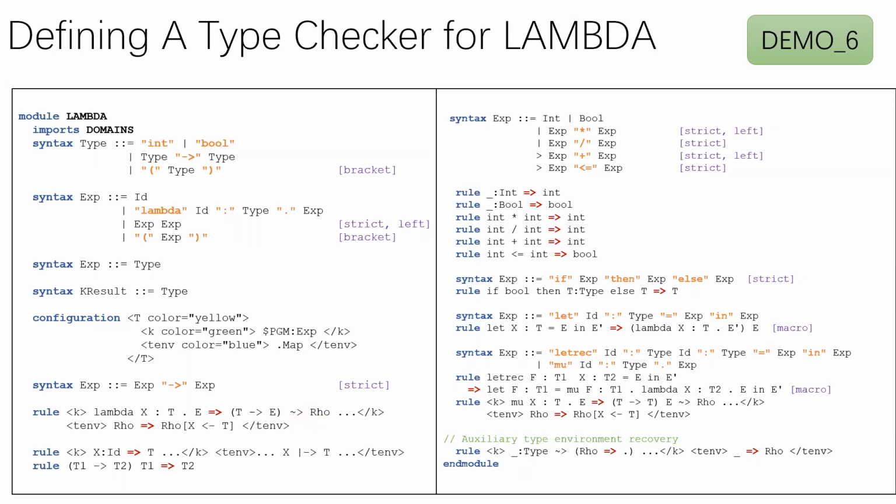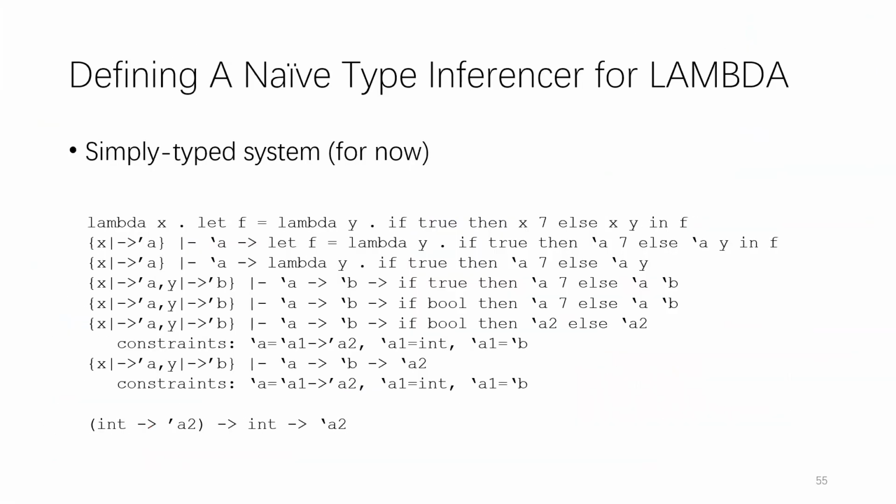Okay, so thanks for the questions. So let's get into type inference. For now, we still consider the simply typed system for lambda, but this time we'll remove the types in the lambda abstraction. So we need to infer those types from the way they're used in the program. In short, each usage will generate a type constraint.